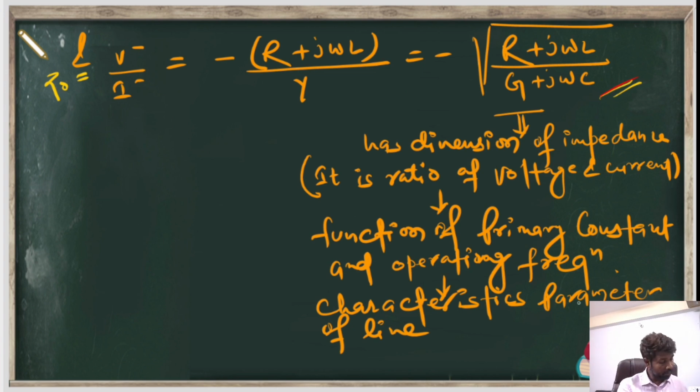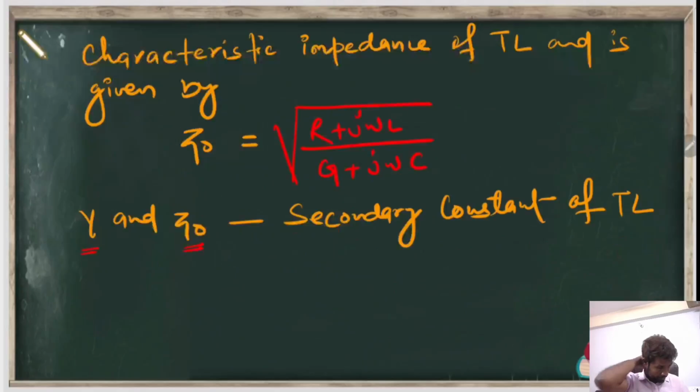These are the parameters of the line, characteristics of the line. The characteristic impedance is given by Z0 equal to the square root of R plus j omega L divided by G plus j omega C. Gamma, the propagation constant, and Z0 are the secondary constants of the transmission line.